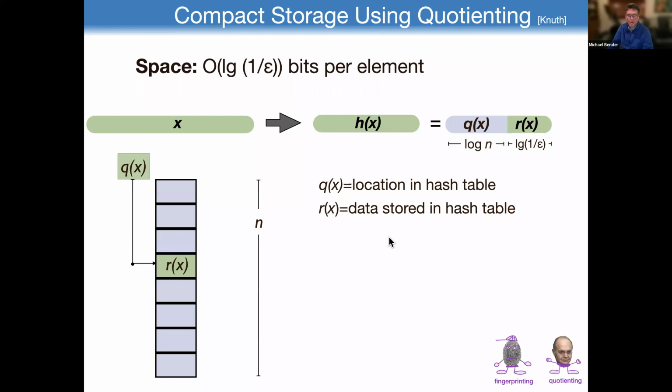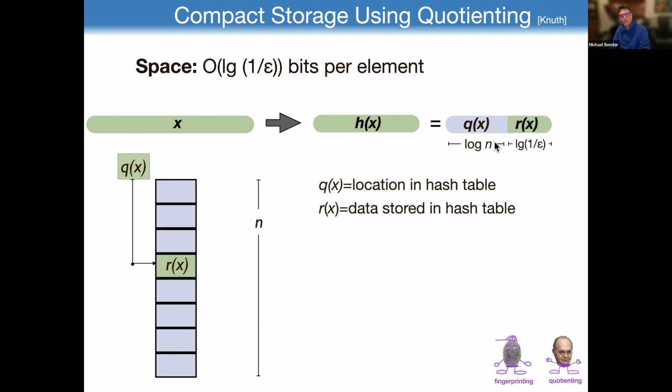Sounds great. All right, so let me just say where we are now. We've got our fingerprint, which is log n plus log of 1 over epsilon bits. But these log 1 over epsilon bits, in green, are the only thing that we're storing explicitly.